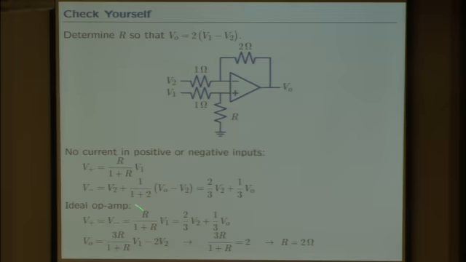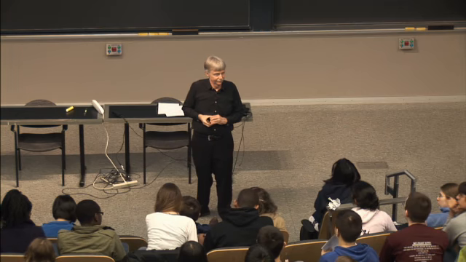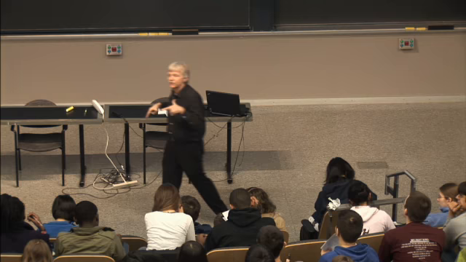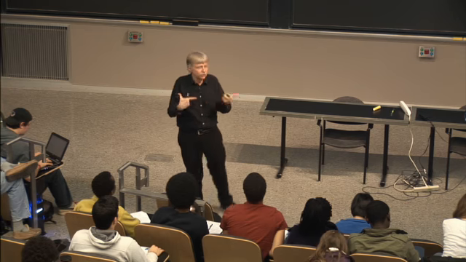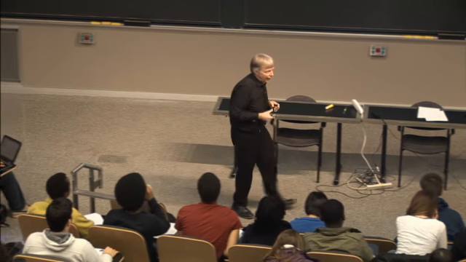And then using the ideal op-amp assumption, we equate the two, do some more algebra, and we get some relationship and figure out that R is 2. The point is that this is a relatively complicated circuit. You could have done it if I had asked you to do it with the voltage-controlled voltage source model.